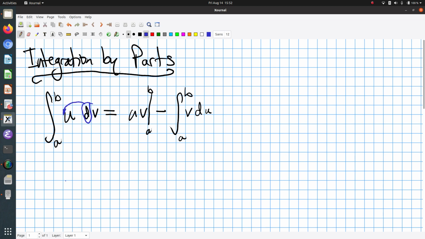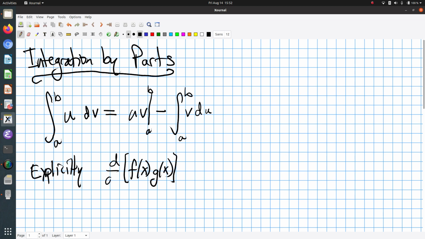Now, this is a very abbreviated form that I've got up on the screen, one that is easy to remember from a technique standpoint, but perhaps not the most enlightening. So let's be a little bit more explicit. You start out with a product of two functions, say f and g, and I'm going to take their derivative.